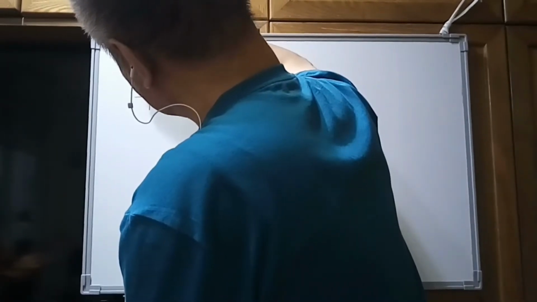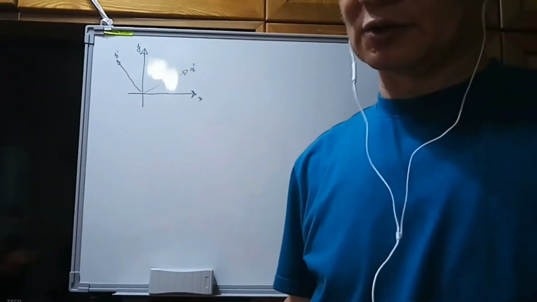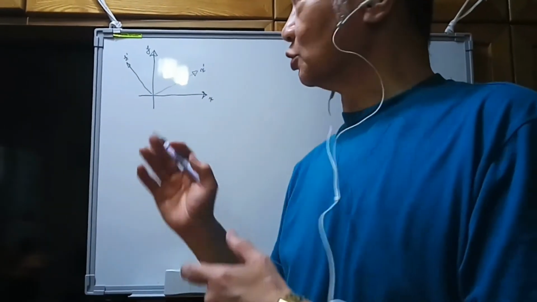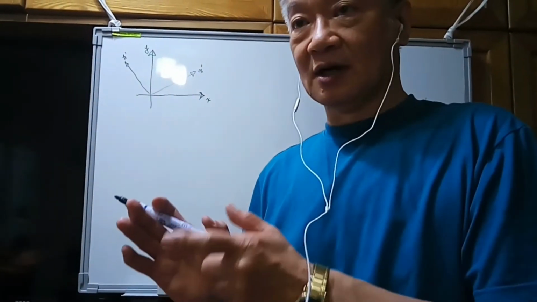And sometimes we like to use a second coordinate system. Let's say they are the x prime and y prime coordinate system. In this course, usually we call the x prime and y prime coordinate system the local coordinate system.